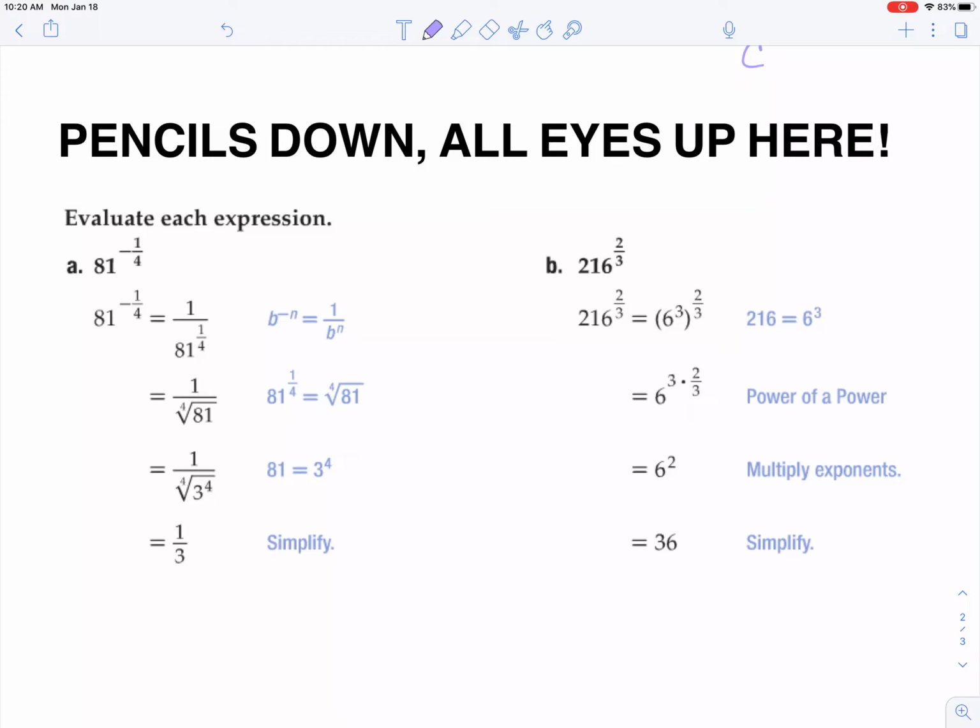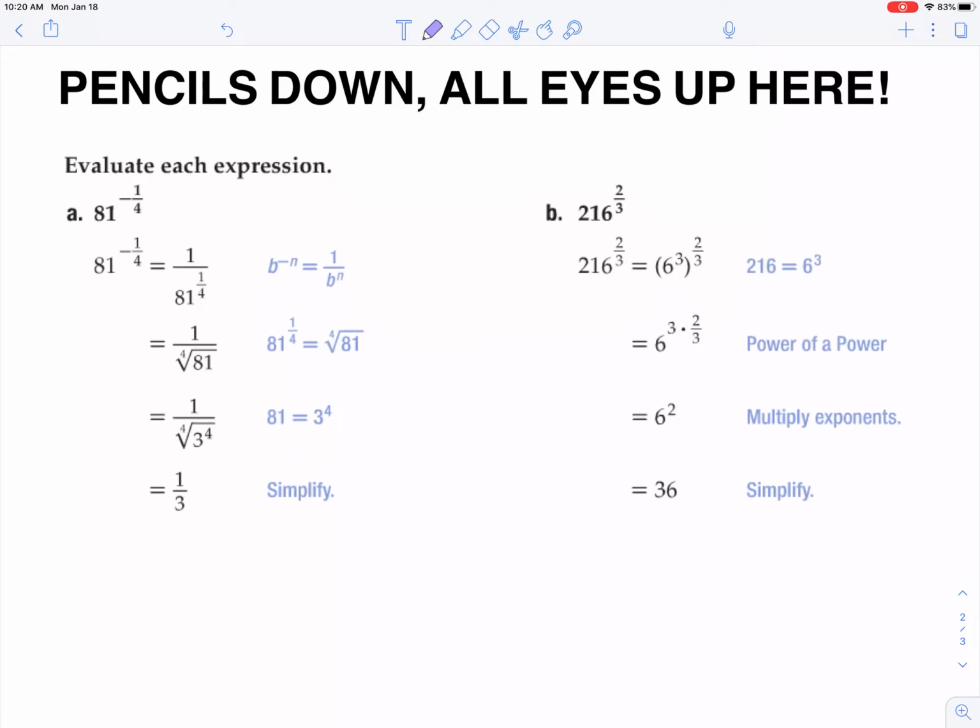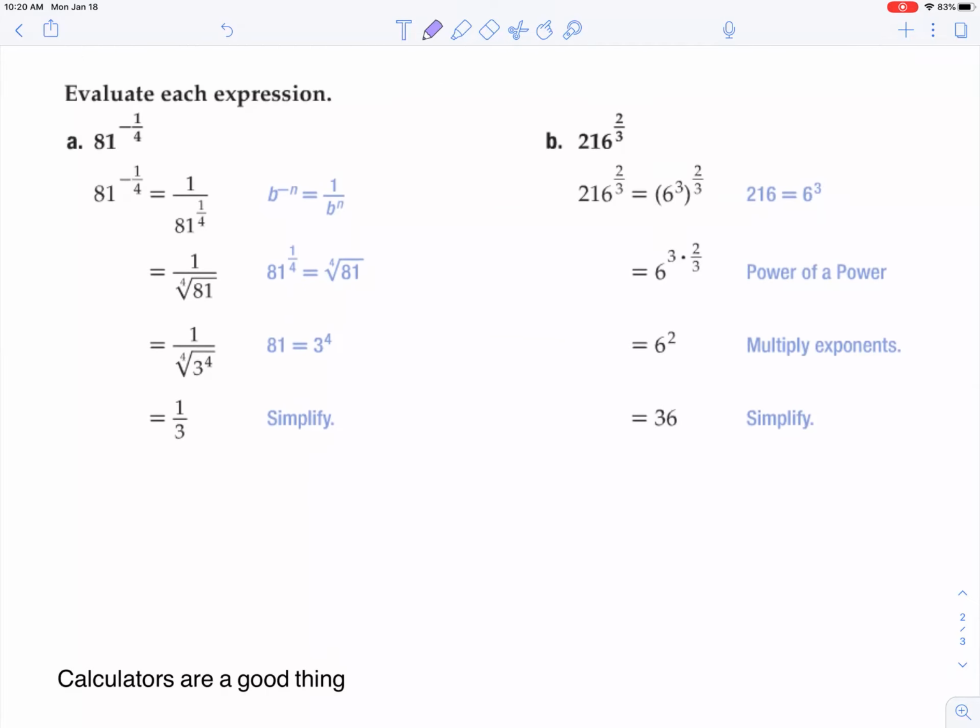I used to teach this a little differently, but to follow more with what Delta Math does, we actually want to go ahead and look at these problems here. Again, this A is a lot like the one I just did, where I rewrote it down on the bottom first. Now, if you're simplifying, sometimes you want to write it with a radical sign, because that helps me visualize what is the fourth root of 81.